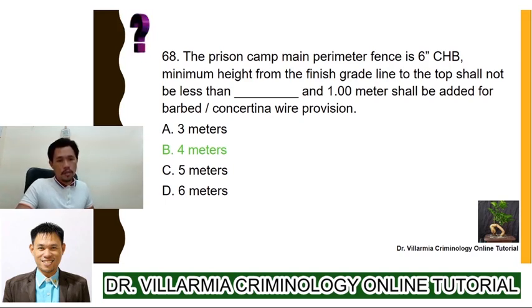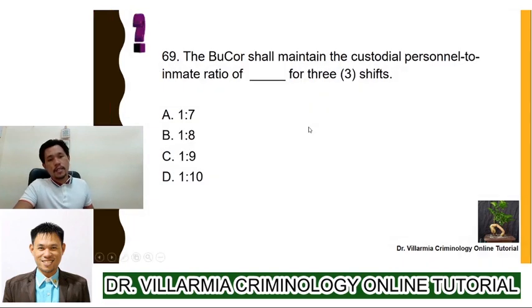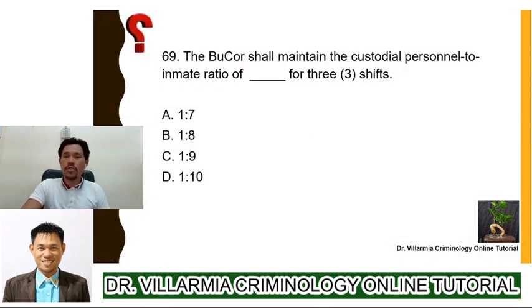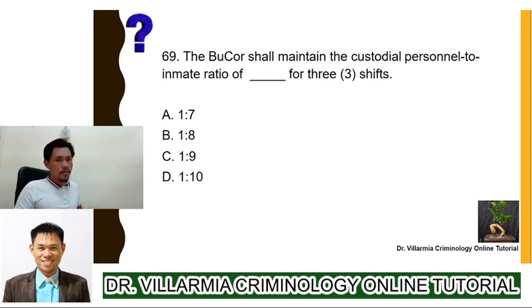Remember, 4 meters. Next, the BuCor shall maintain the custodial personnel-to-inmate ratio of blank for 3 shifts. We are now on the topic about the increase of personnel of the BuCor, in addressing the increase of prisoners or persons deprived of liberty in all the 7 national penitentiaries under the Bureau of Corrections. So, how many inmates are needed per personnel?